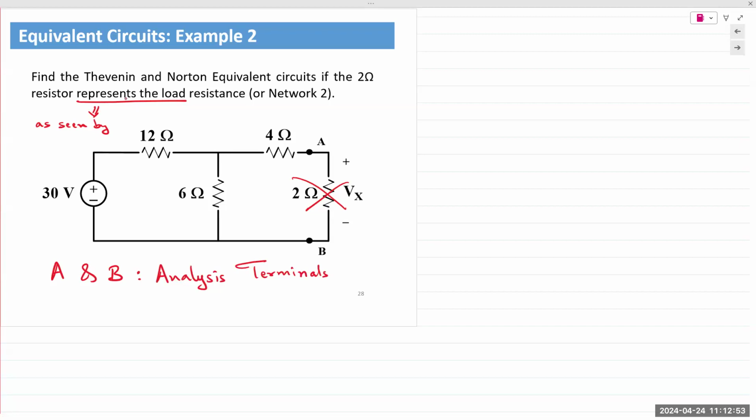You remove it and label the terminals whatever you want. Here it is noted as A and B, so we'll stick with it. But if it's not, label it X and Y, 1 and 2, Batman and Robin, it doesn't really matter. You're simply analyzing between those terminals.